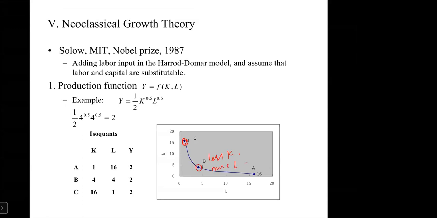But these two have the same amount of output. Right? So meaning we use labor to substitute for capital. This did not exist in the production function we saw in the Harrod-Domar model. Okay, so this is the first sense I want to emphasize.